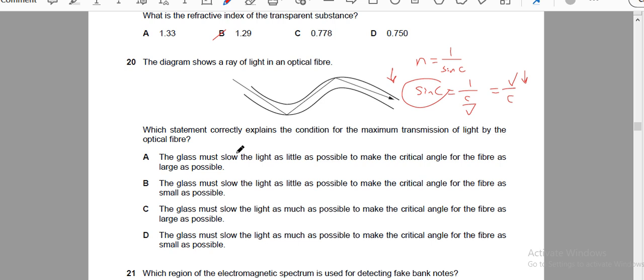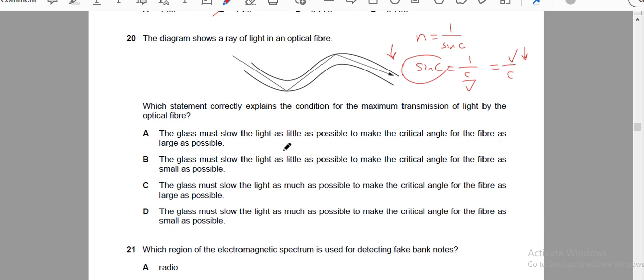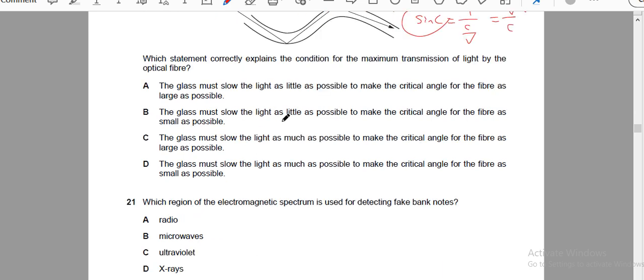So regarding the first choice, it says that glass must slow light as little as possible, so V decrease, to make critical angle for fiber as large. No, it's not correct. B, V is as little as possible, and C as small as possible. Yes.